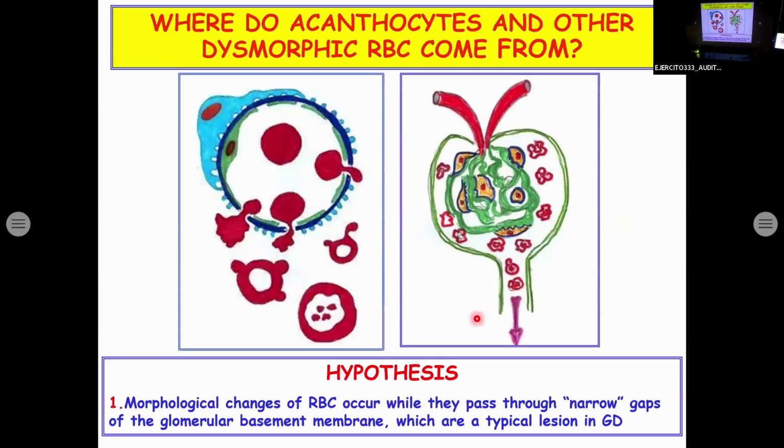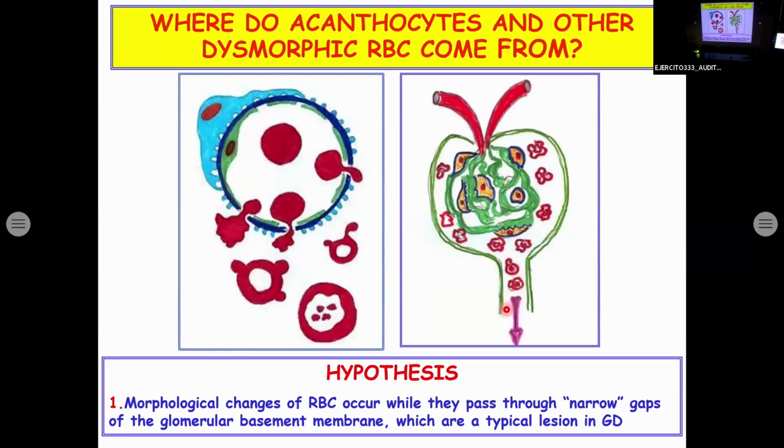Where do acanthocytes and other dysmorphic red blood cells come from? So, hypothesis: morphological changes of red blood cells occur while red blood cells pass through narrow gaps of the glomerular basement membrane, which are a typical lesion of glomerular diseases. Then they fall from the capillary lumen of the glomeruli within the Bowman space.